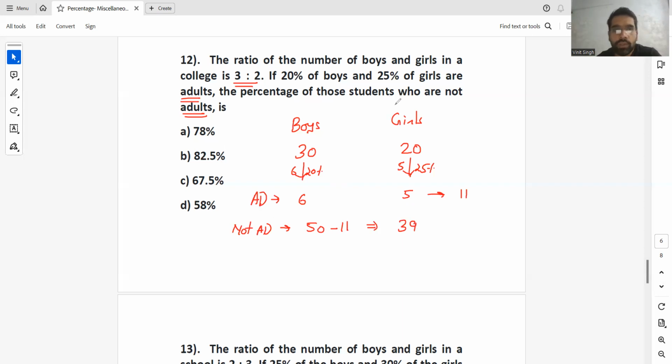And we have to find what percent of the students are not adults. 39 upon 50 into 100, which is equal to 78%. 78% of the students are not adults. Clear? Now, next question.